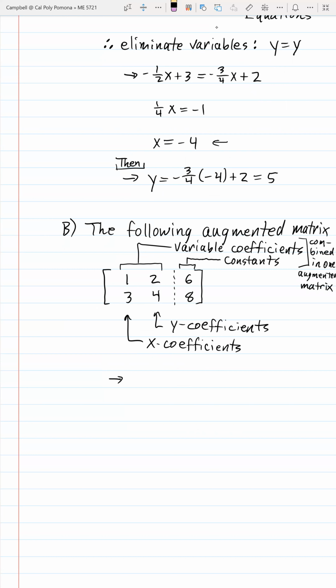So we can then, remembering back, use what are called row operations to help us solve this particular problem. So with row operations, we can multiply a row by a constant.